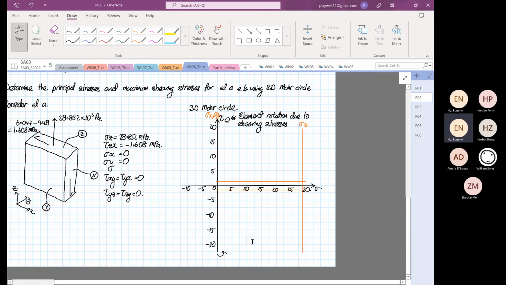So I understand that we have drawn this as negative shear, but we have put a positive and negative shear on our Mohr circle. And as I said, I will explain to you why.